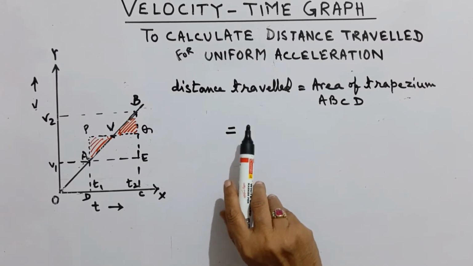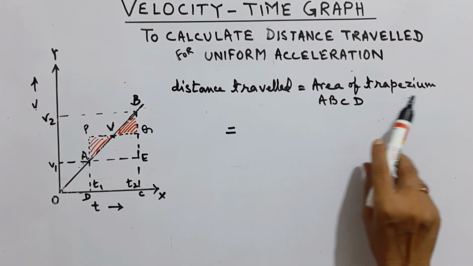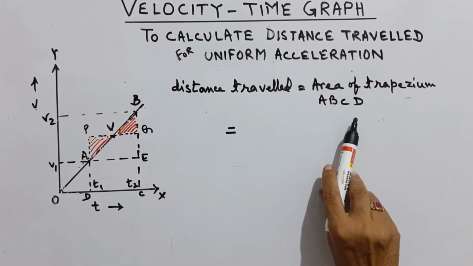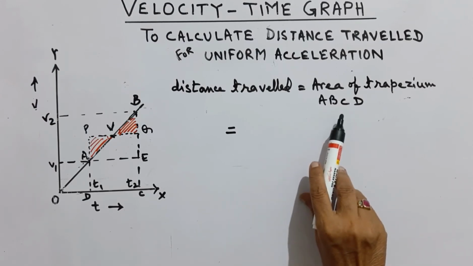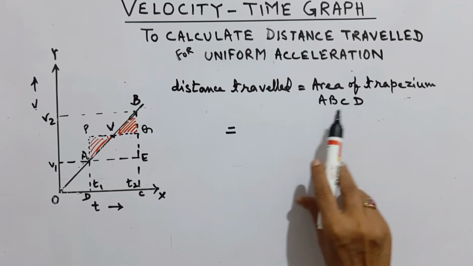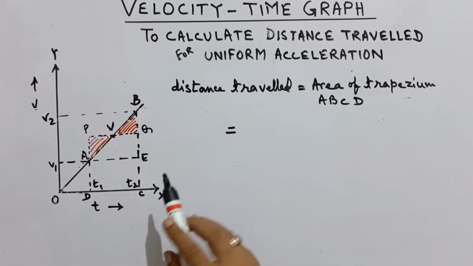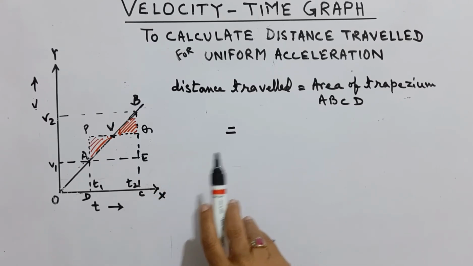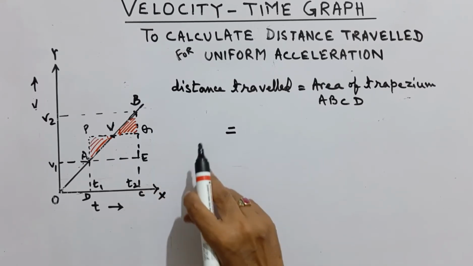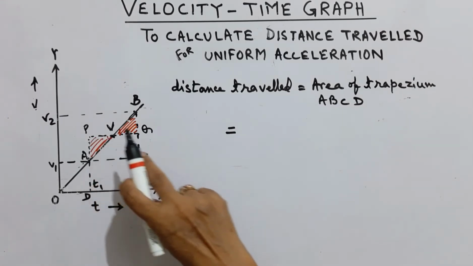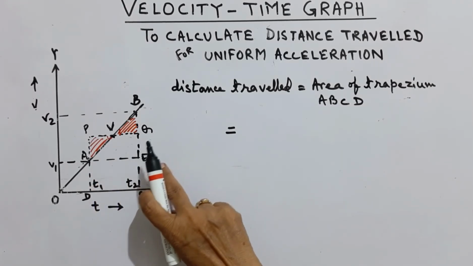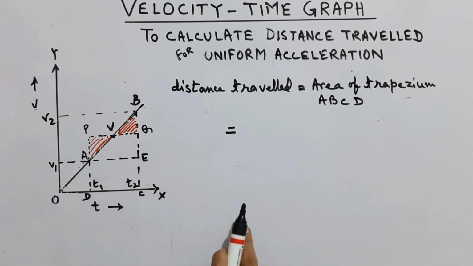So as we see, the distance travelled is equal to area of trapezium ABCD. We can use the formula to calculate the area of trapezium ABCD. The area of trapezium is calculated by the formula half sum of parallel sides multiplied by the distance between them.